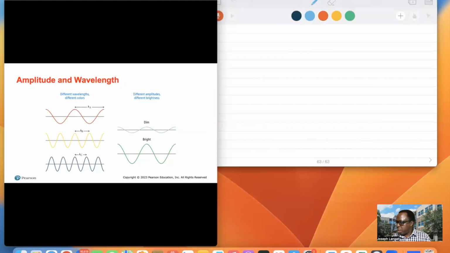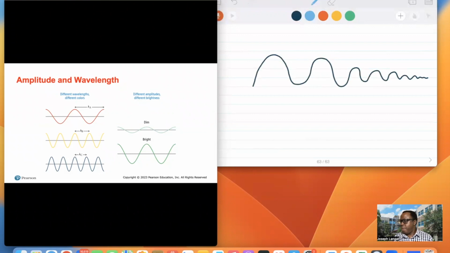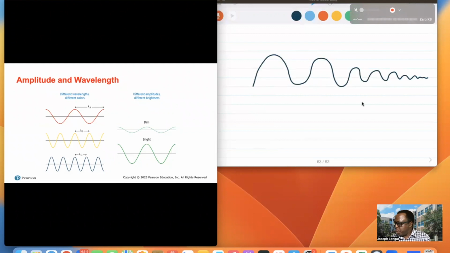I will draw a wave, all right, a wave, and you will see how the wavelength is decreasing, moving from left to right on the whiteboard. It has to do with the color.